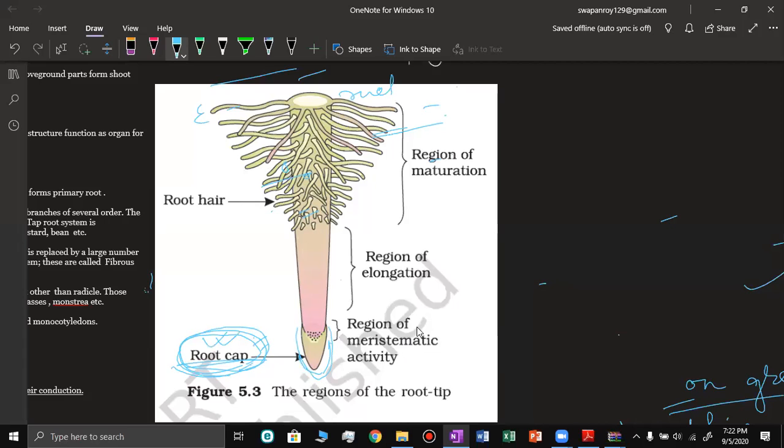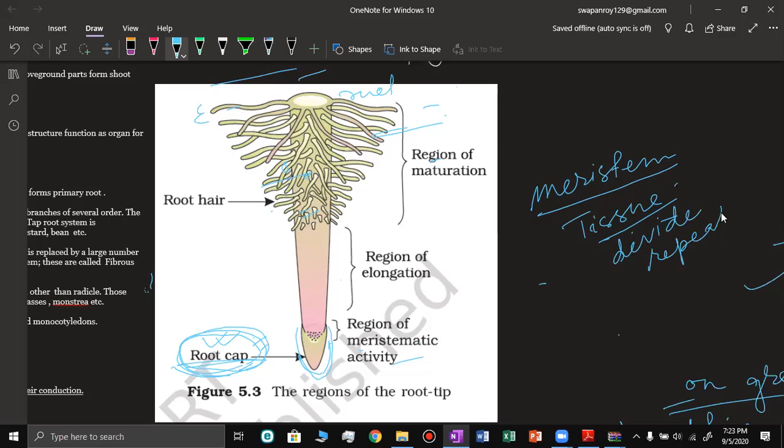And then the next region is the region of meristematic activity. Meristem is the tissue in which the component cells divide repeatedly. As they divide repeatedly, they produce new cells.